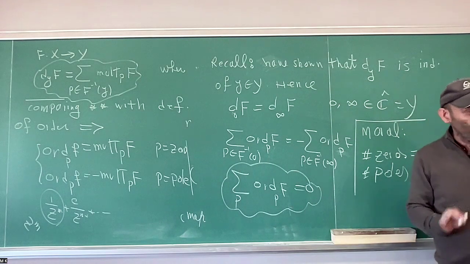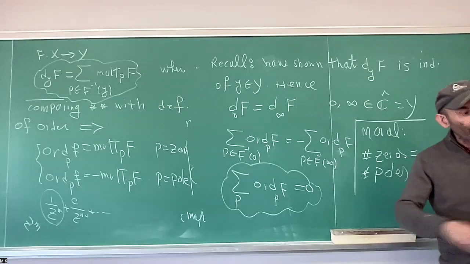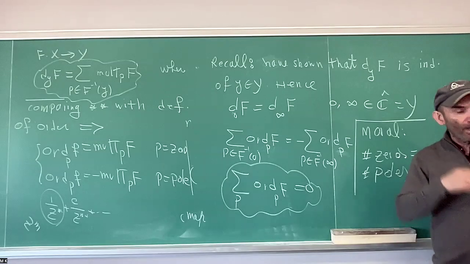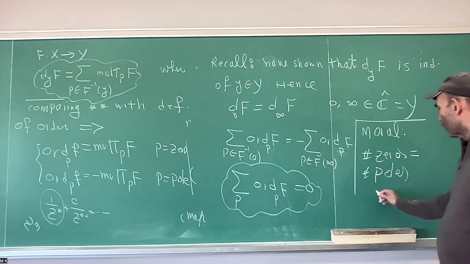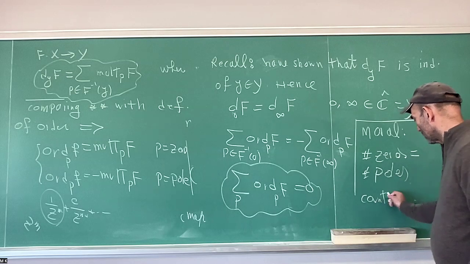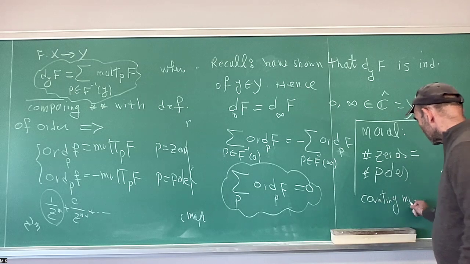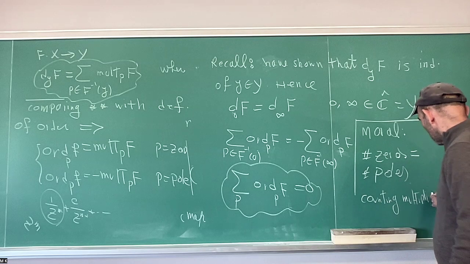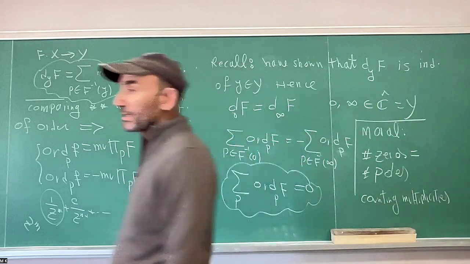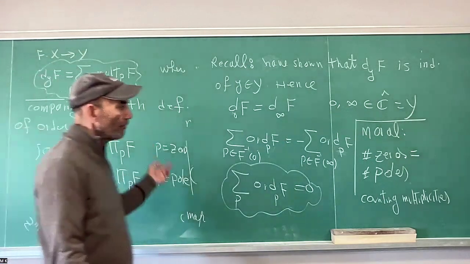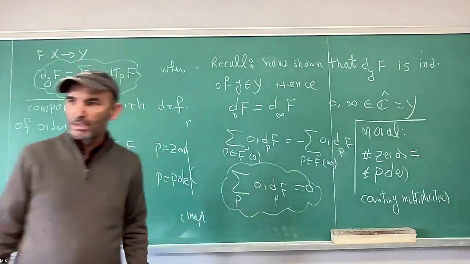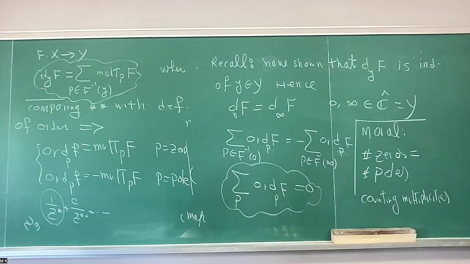If you have a pole of order whatever, you have to count it that many times. If you have a zero of order 5, you have to count it 5 times, for example. So this is a nice result. It really gives you a relation between the number of poles and the number of zeros of a holomorphic function between compact Riemann surfaces. That's quite powerful.